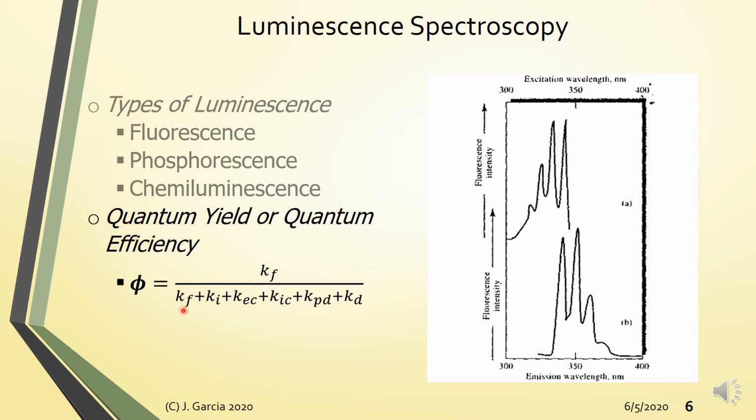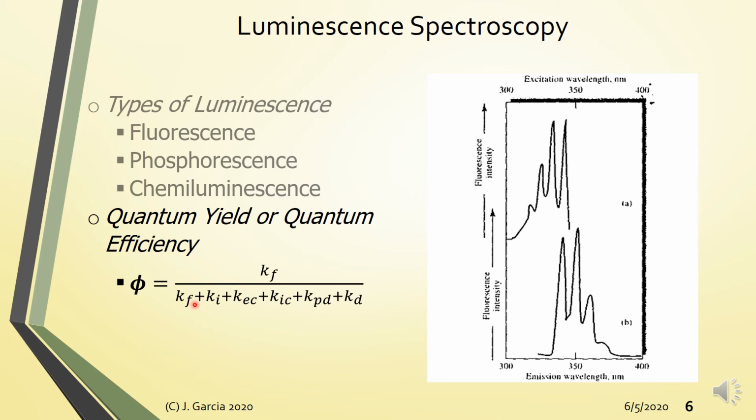So there you have fluorescence, internal conversion, external conversion, and you have your predissociation constants, etc. This is the total of the events described in the Jablonski diagram.